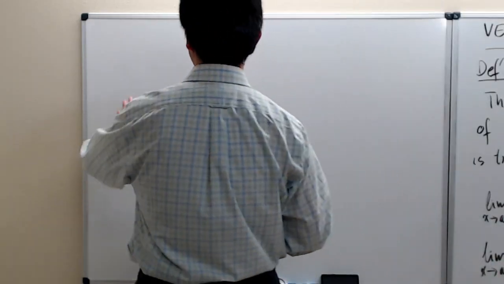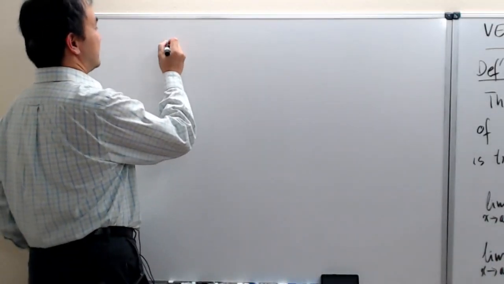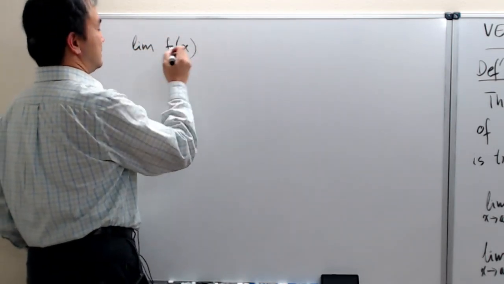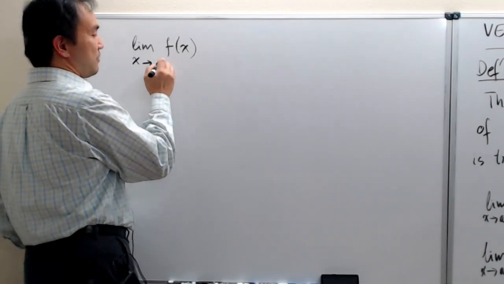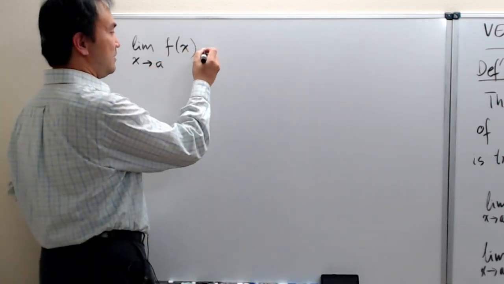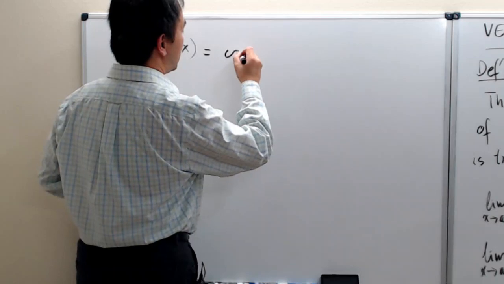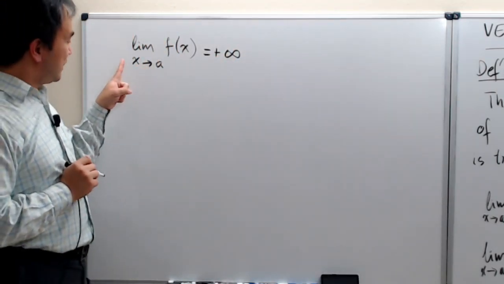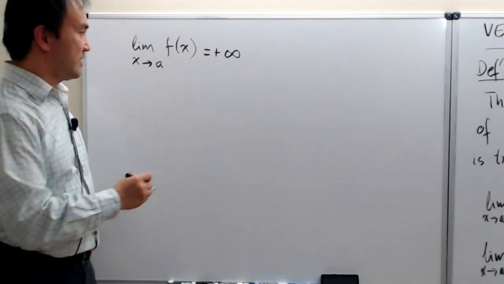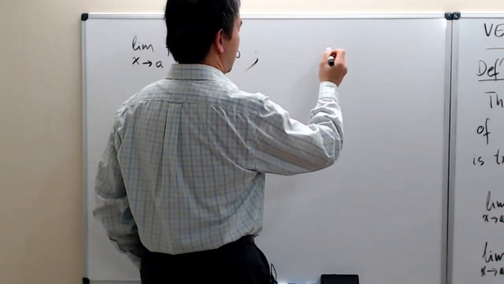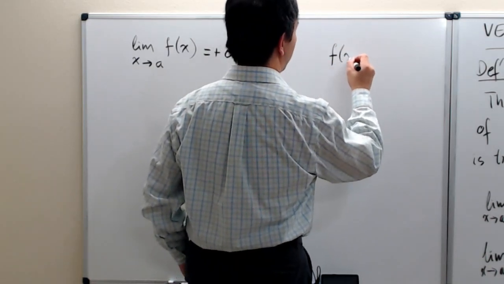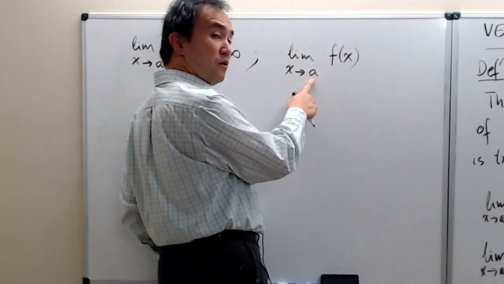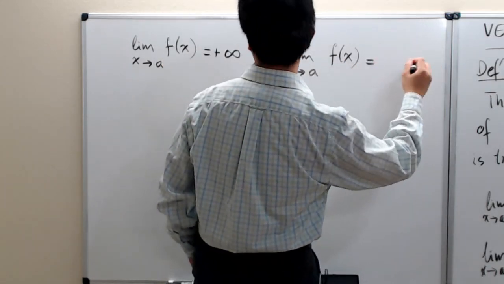The last two cases: the function f of x has a limit as x gets close to a from both sides, and that limit goes to positive infinity. And the last case is when f of x has a limit as x comes close to a from both sides that is negative infinity.